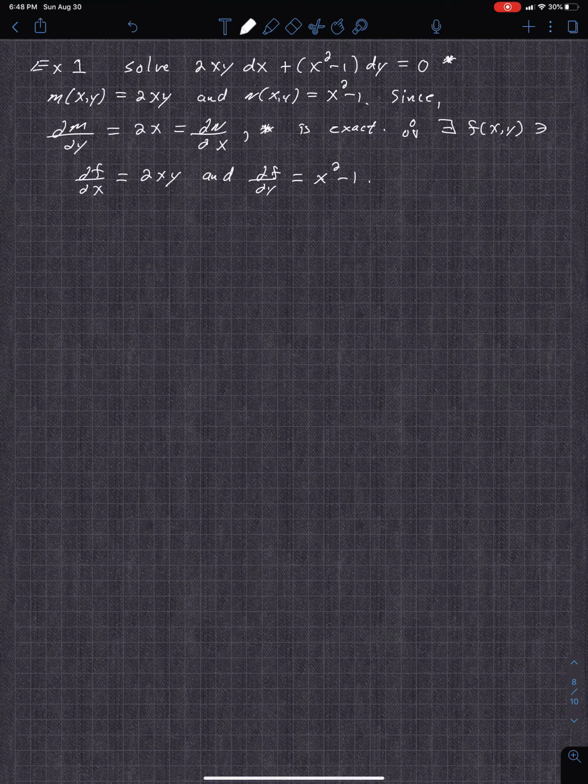They do show you a slightly different method, but let's just do that. So integrate both. f(x,y) is equal to the integral of partial f with respect to x dx, which is the integral of 2xy dx. You integrate that and you get x squared y. And then what do you say after that?